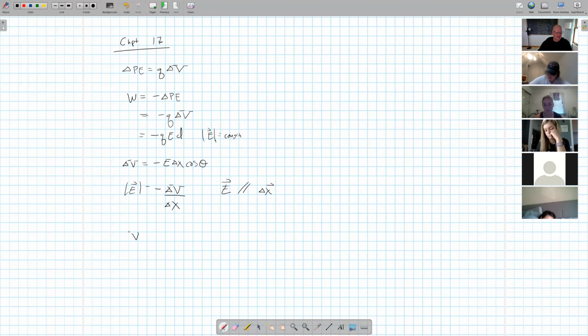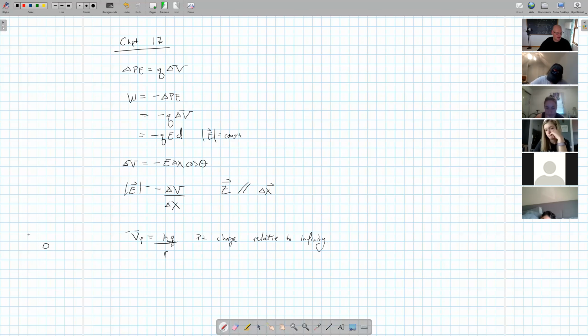We have the potential at a point P for a point charge. That's given by this guy divided by him. So this is for a point charge. And again, this is relative to spatial infinity.